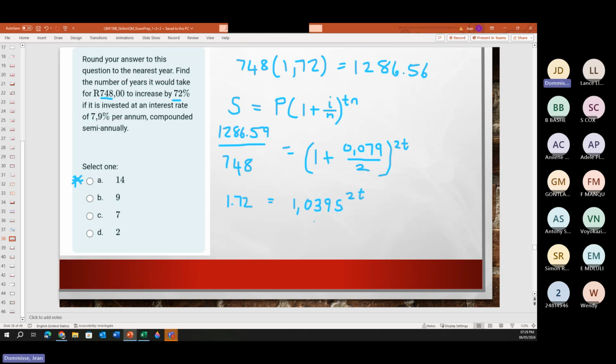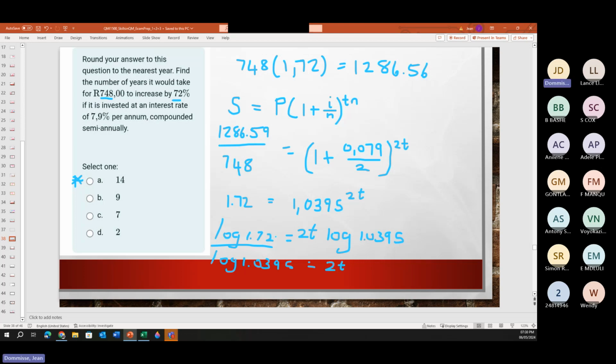Let's see, if I take log on both sides, I can now say that log of 1.72 divided by log of 1.0395 is equal to 2t.